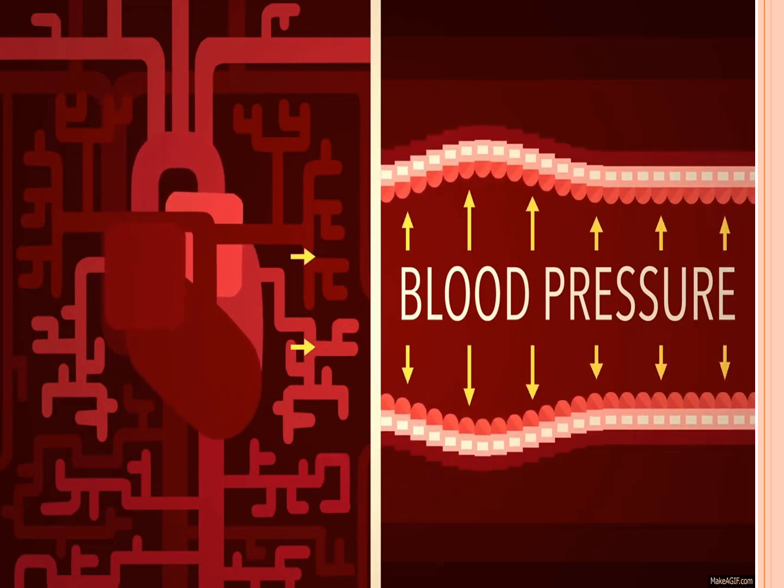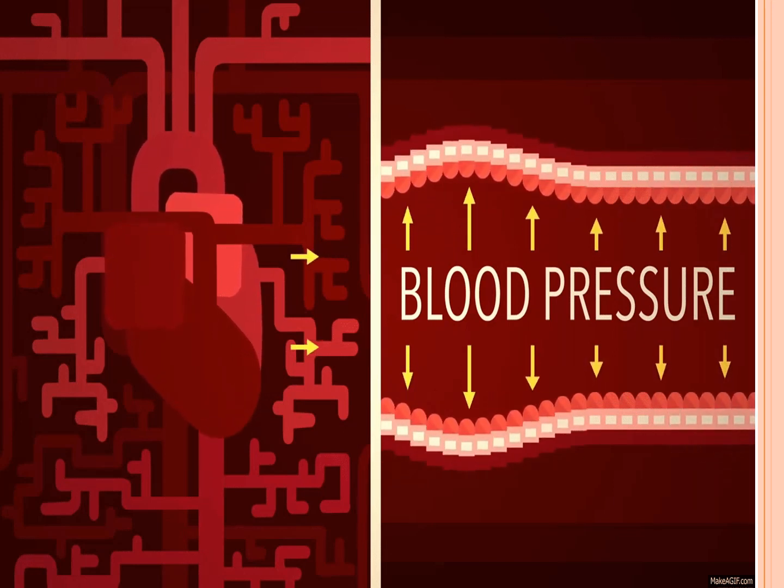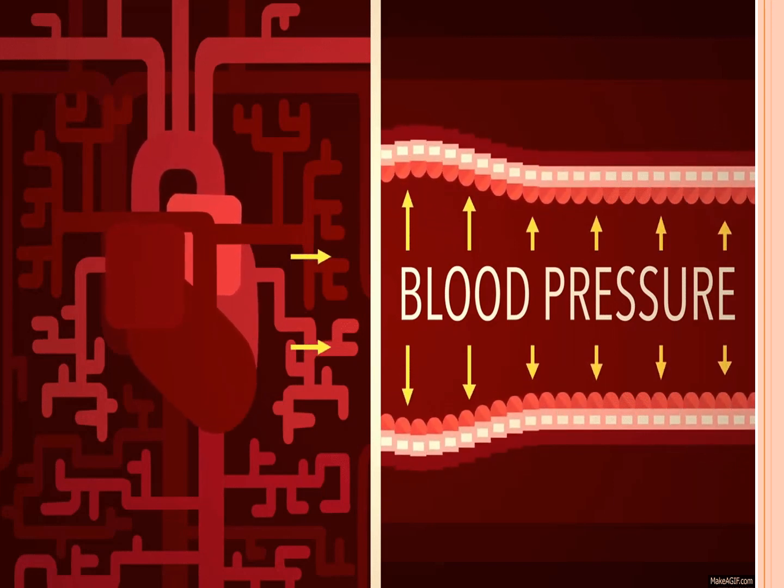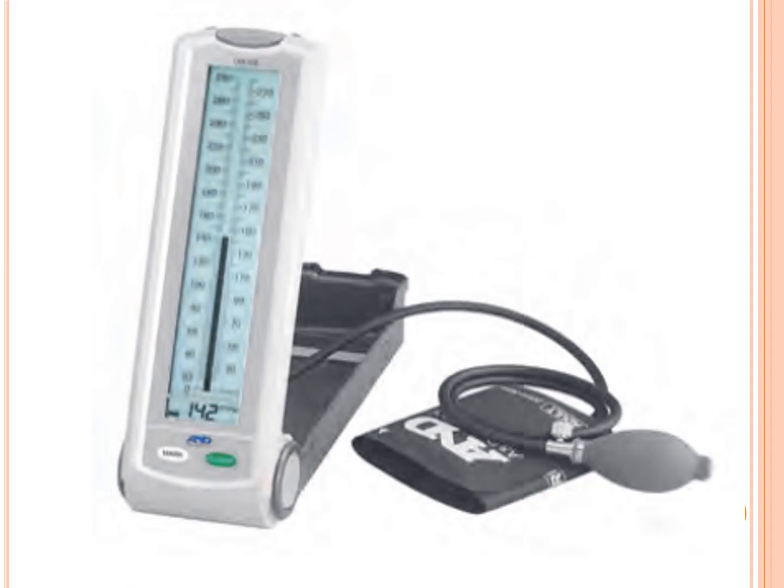The blood pressure of a healthy person is 120 by 80, and it is measured with the help of a sphygmomanometer. If the blood pressure of a person is very high, more than 120 by 80, that condition is called hypertension.